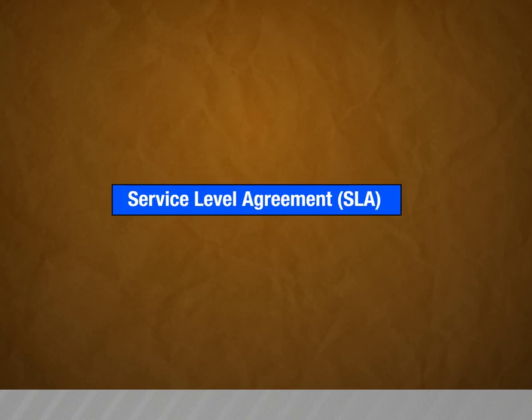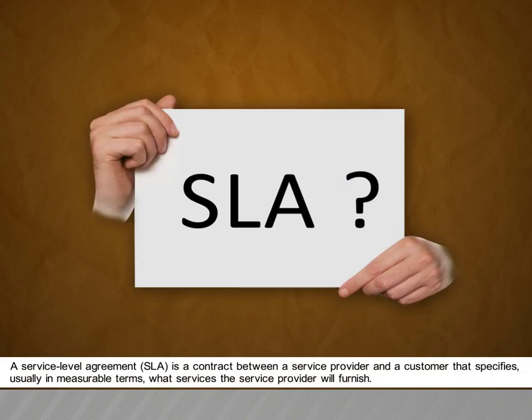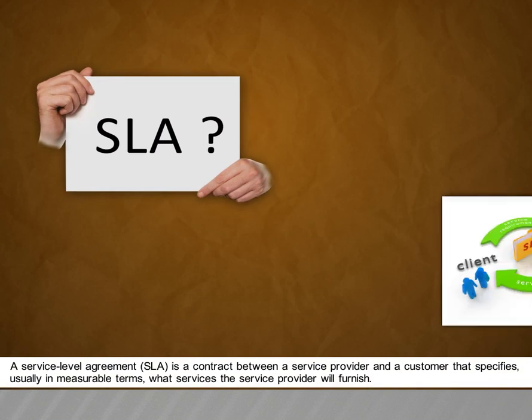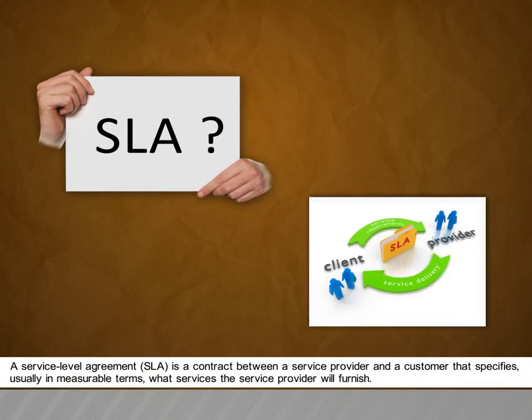Service Level Agreement. A Service Level Agreement (SLA) is a contract between a service provider and a customer that specifies, usually in measurable terms, what services the service provider will furnish.